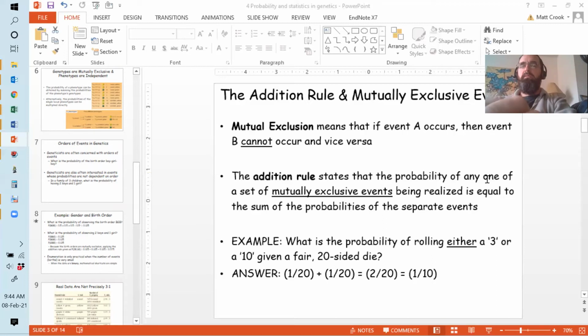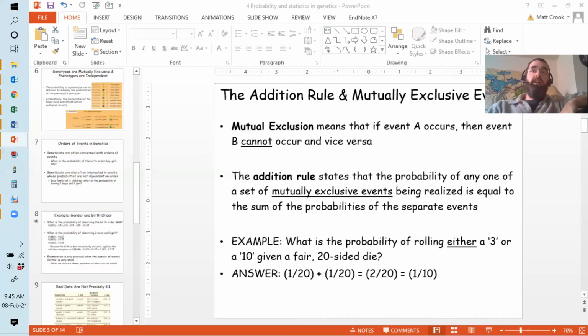Right, so what is the probability? So what was the probability of them getting 2 boys and a girl?